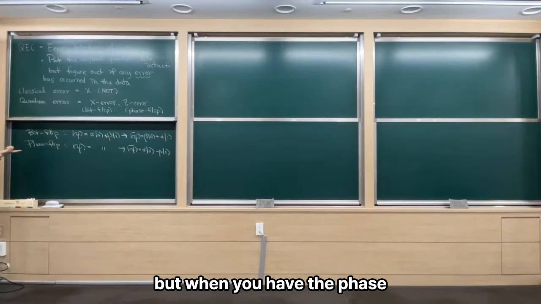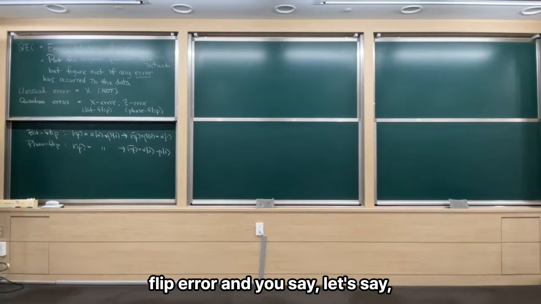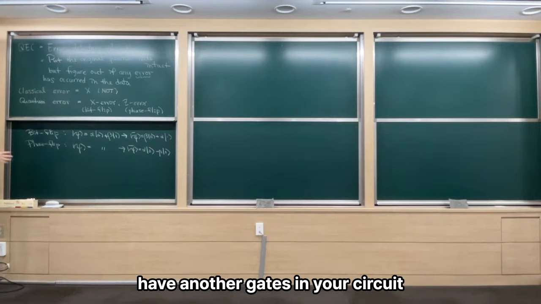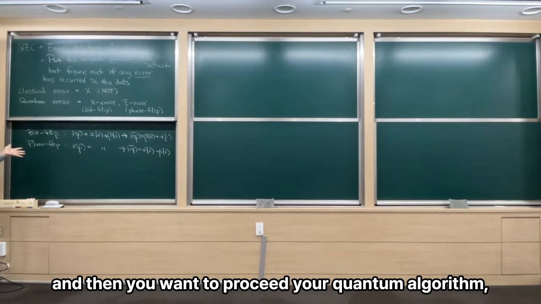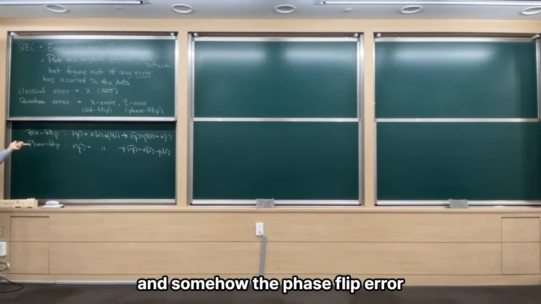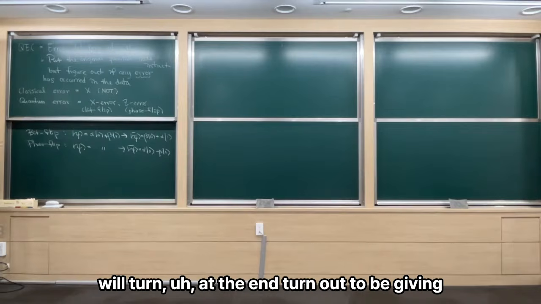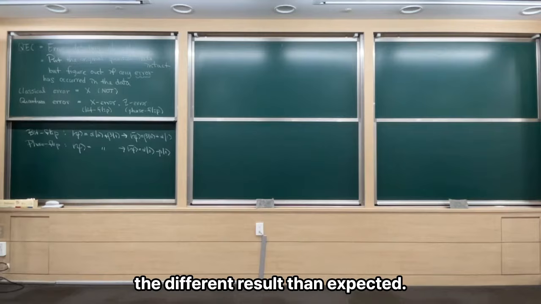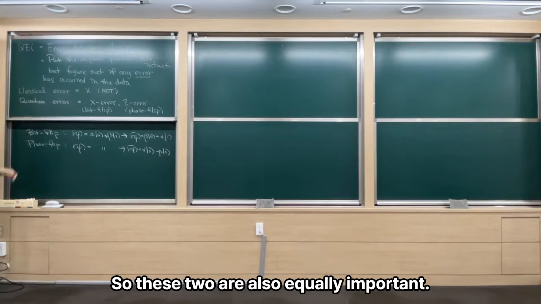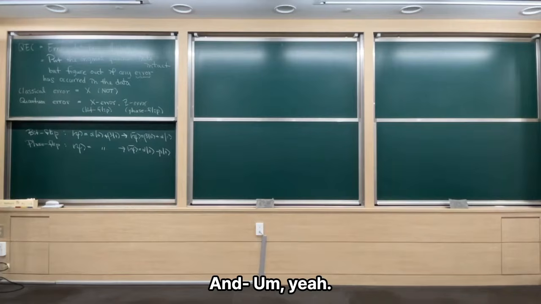But say you have other gates in your circuit and you want to proceed with your quantum algorithm, the phase flip error will at the end give a different result than expected. So these two are equally important. And this is the bit flip and phase flip error.